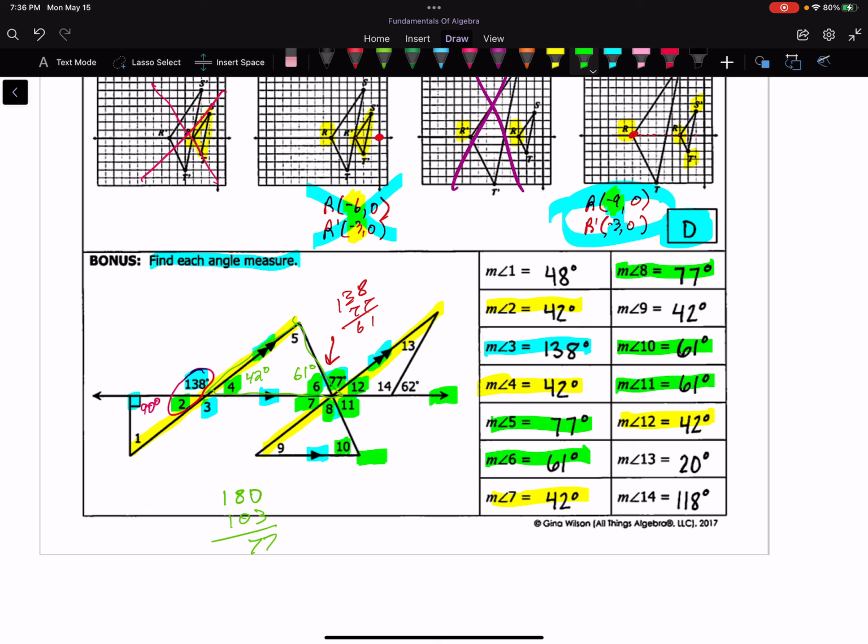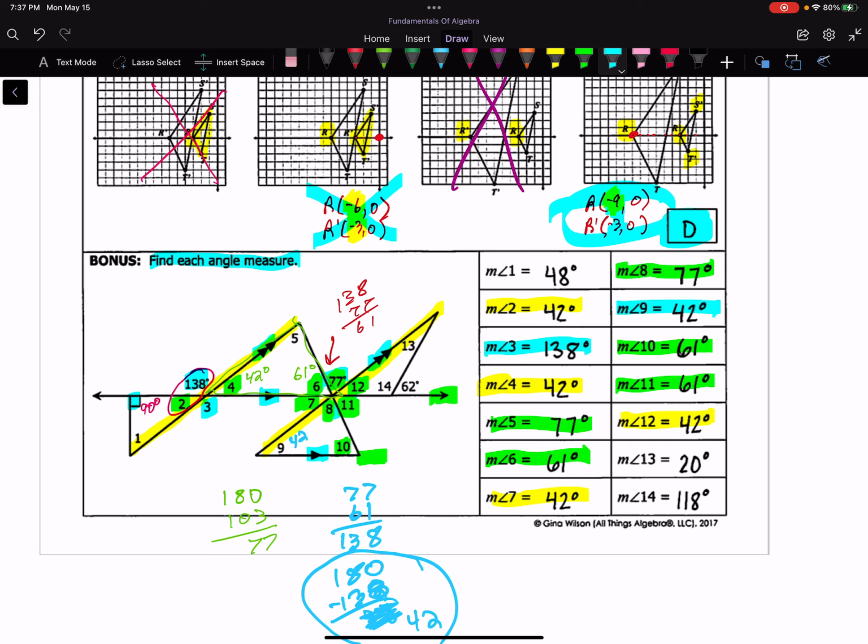And if this was a parallel line, okay, can't tell from that, but we can tell from the 8 being 77 degrees, 10 being 61 degrees, 77 plus 61, 138. 180 minus 138 gets us 42. Did I do that right? Oh, I obviously didn't write it right. 138. There we go. Comes out right now. That becomes 42. 180 minus 138. This guy is 42. So there's 9 at 42.